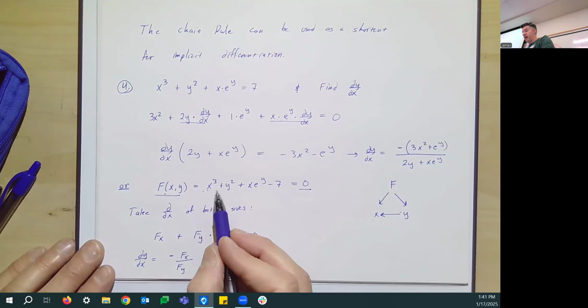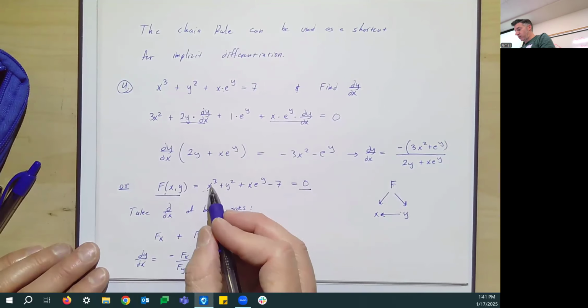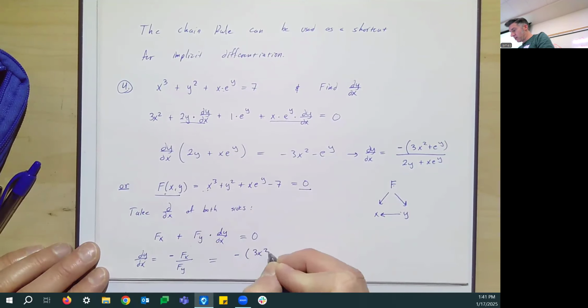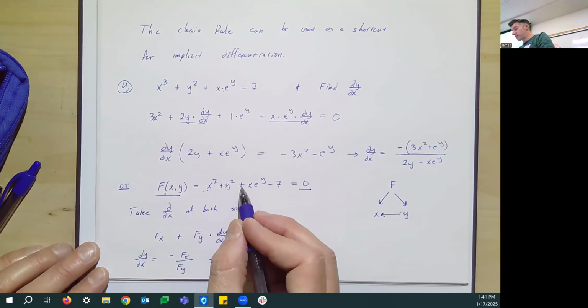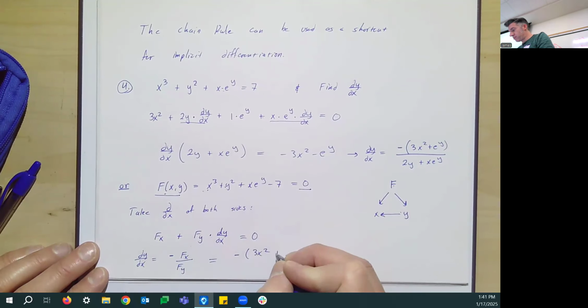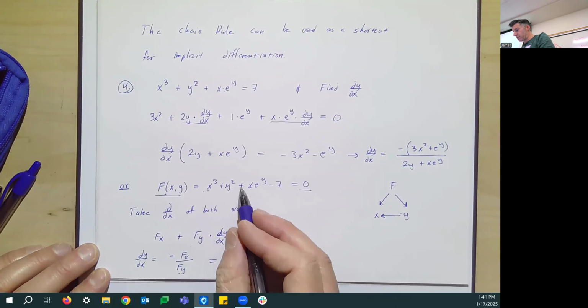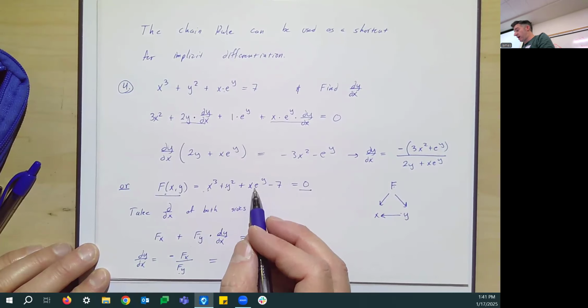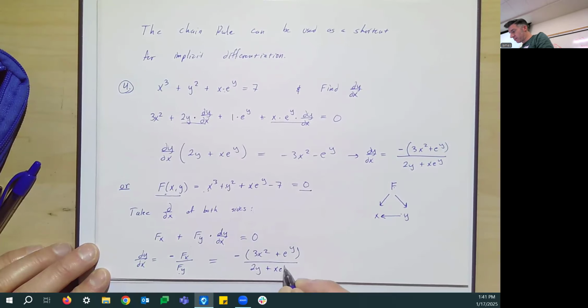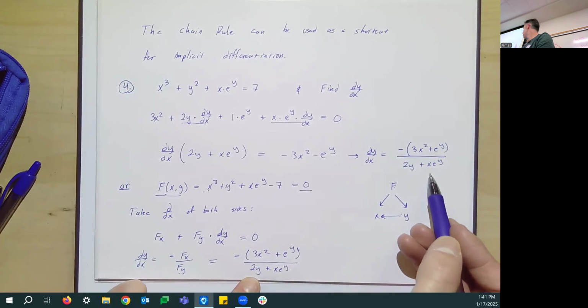So taking the derivative with respect to x and leaving the y's kind of out of it, we're going to get 3x squared plus 0 plus 1 times e to the y plus 0, divided by the partial with respect to y, which is 0 plus 2y plus x times the derivative of e to the y, which is e to the y, minus 0. Hey, look, it's exactly the same. Not even a little bit different.